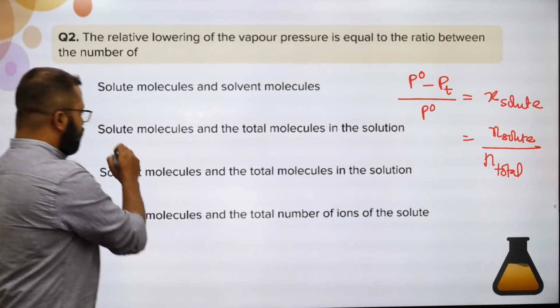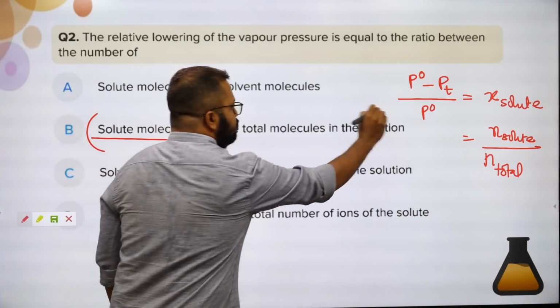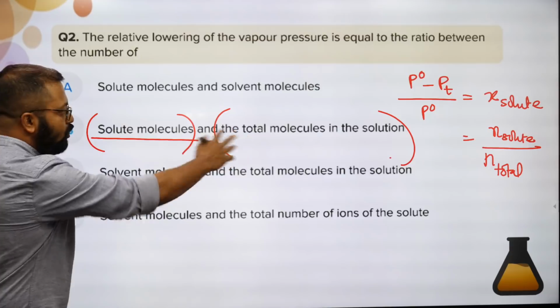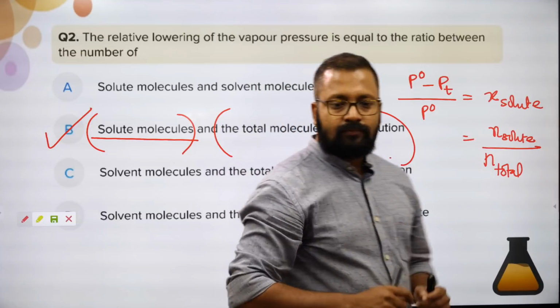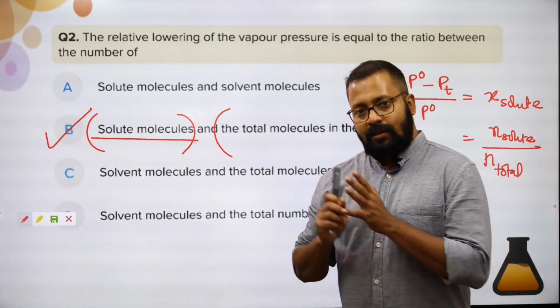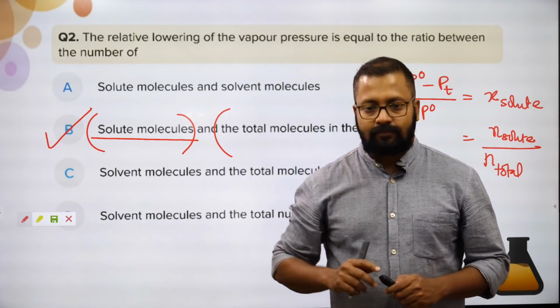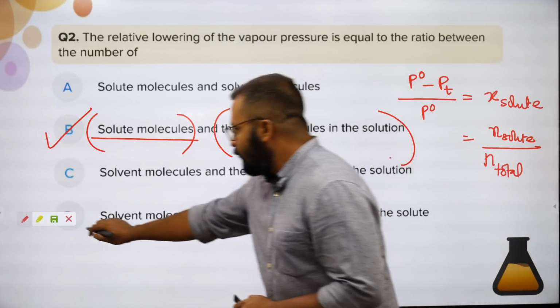So it is the ratio of the number of solute molecules and the total number of molecules present in the solution, which is nothing but the mole fraction of solute. Okay, clear? Let's move on to the next question.